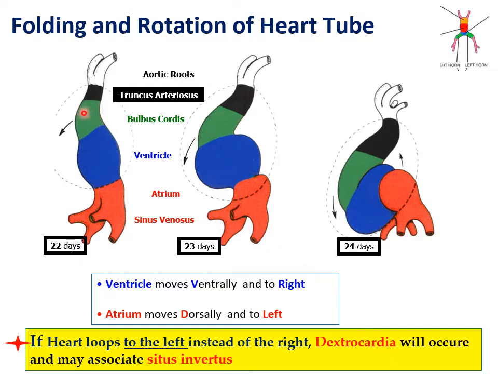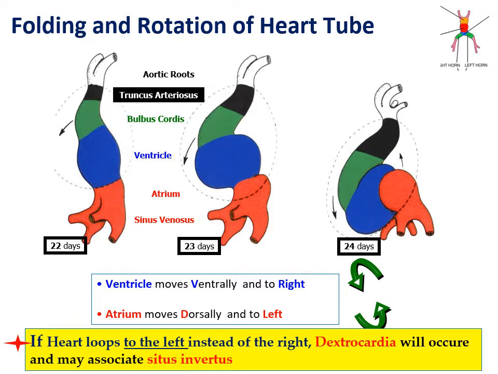This is very important, this folding and rotation of the heart. The ventricles rotate anti-clockwise, something like this, the ventricles will move ventrally and to the right, and the atrium is moving dorsally and to the left, and this gives the normal situation of our heart in the left hemithorax.